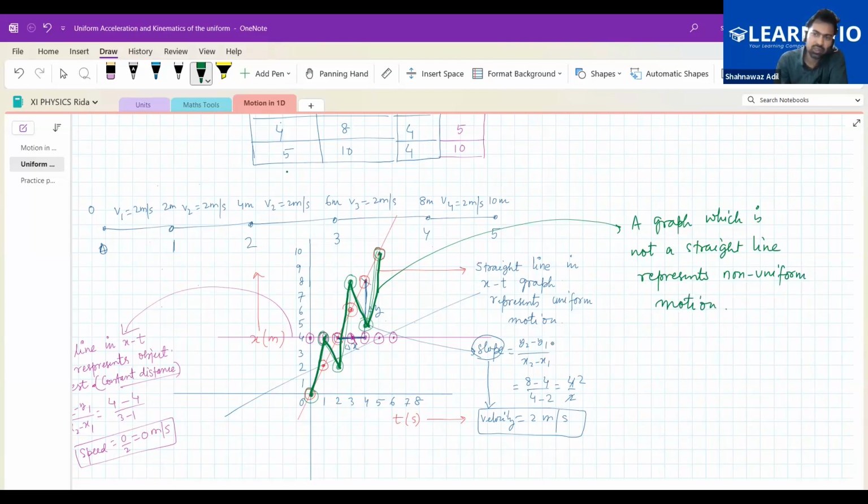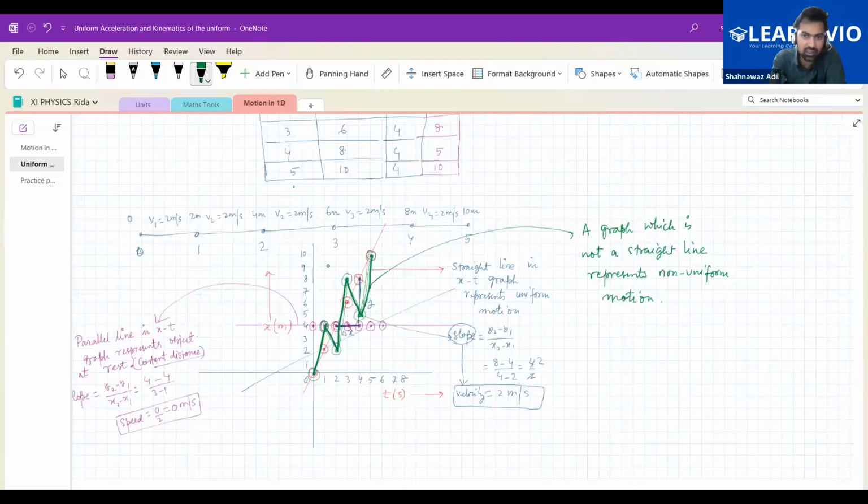These are the points that I wanted to make clear. Please tell me if everything is clear.